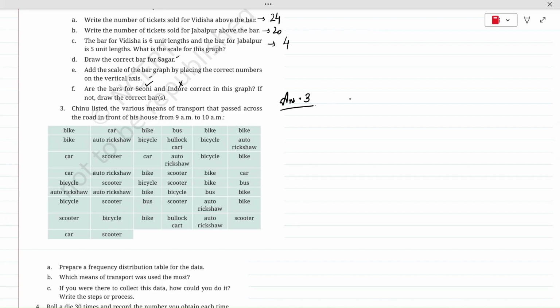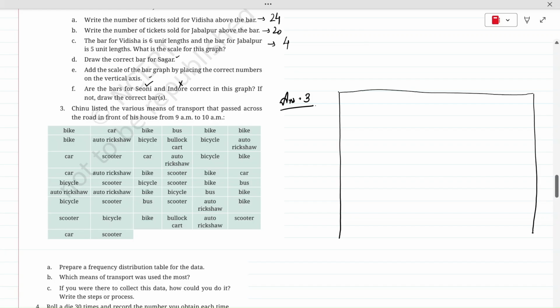So what I'll do is, first of all, make a table and write down the unique transports, as in what all transport has been mentioned here. This is the transport, and this is the count.